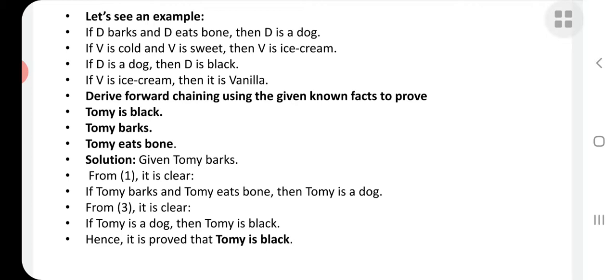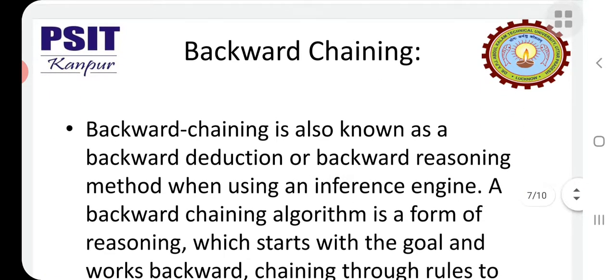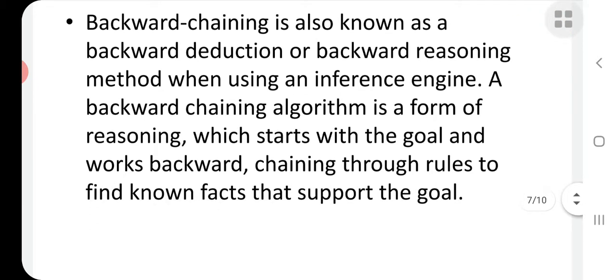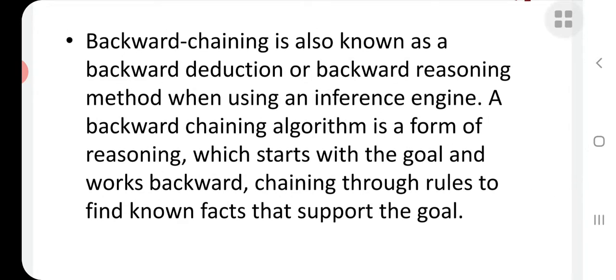So it's an example of forward chaining. Now let's discuss backward chaining. Backward chaining is also known as backward deduction and backward reasoning. A backward chaining algorithm is a form of reasoning which starts with the goal. In forward chaining, the algorithm follows from the known facts, from the initial state.